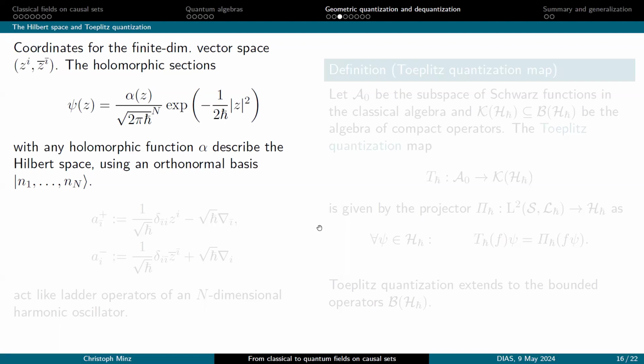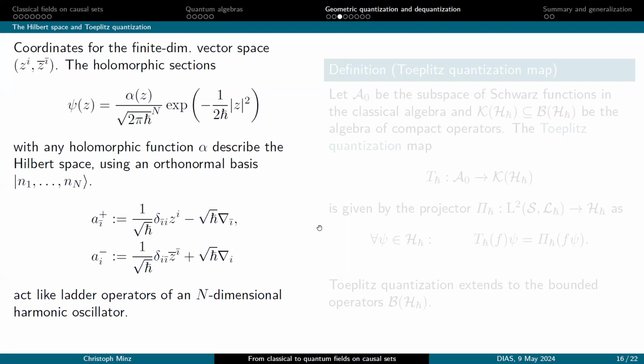And then, in a similar way, you can also find abstract ladder operators, because you essentially just have an n-dimensional harmonic oscillator. These are expressed in terms of the curvature that I had on my line bundle. They go like that. But these are now unbounded operators, like for the harmonic oscillator as well.